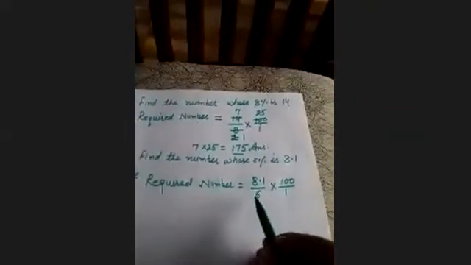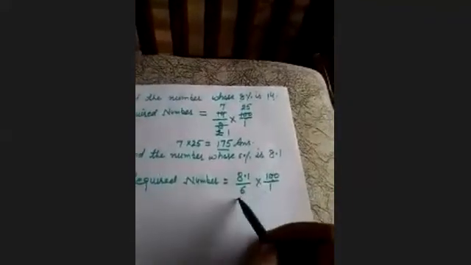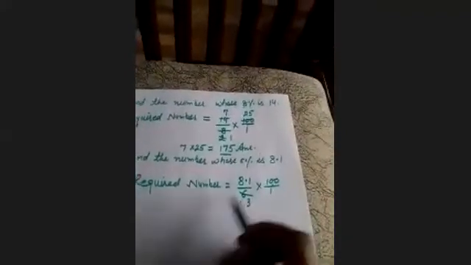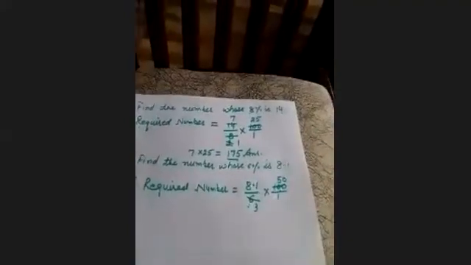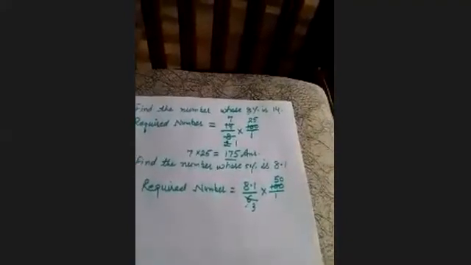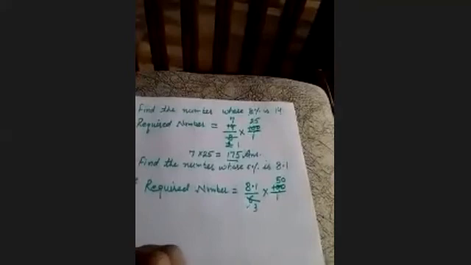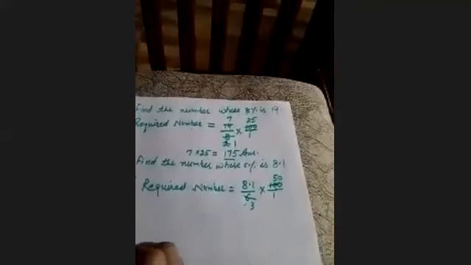Now students, 6 and 100 both are multiple of 2. 2, 3 are 6 and 2, 50 are 100. Now students, 8.1 divided by 3 is 2.7.